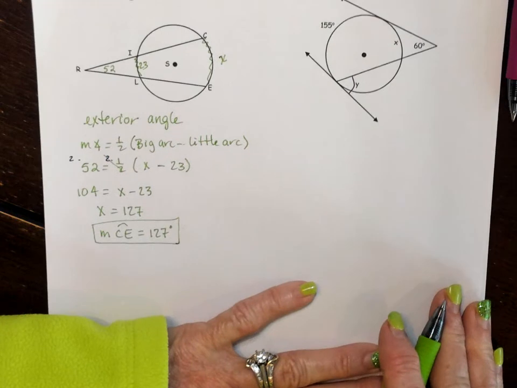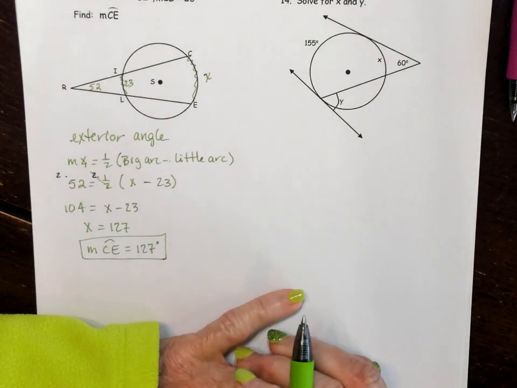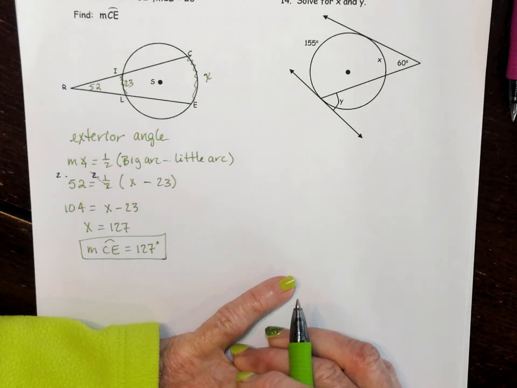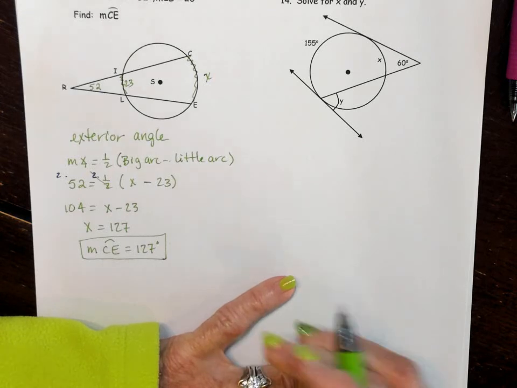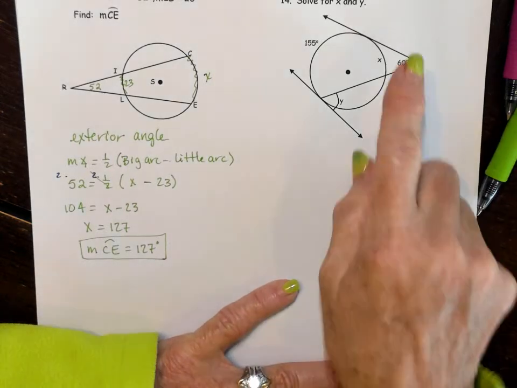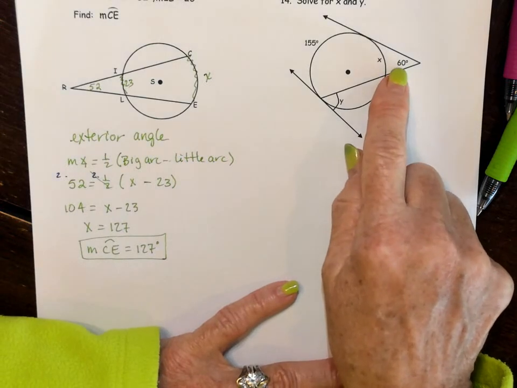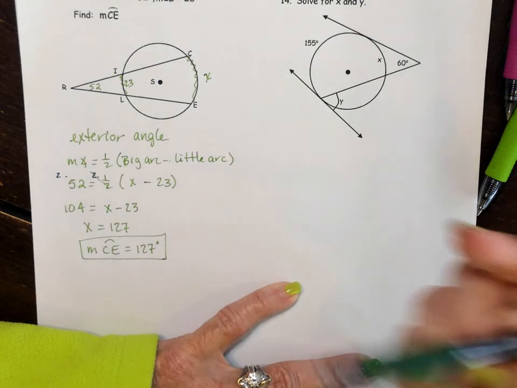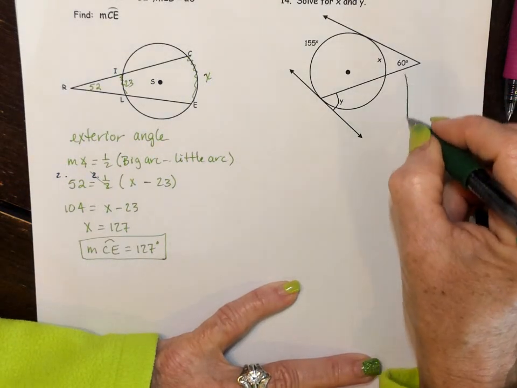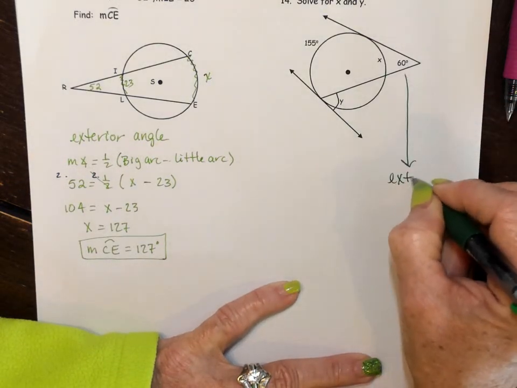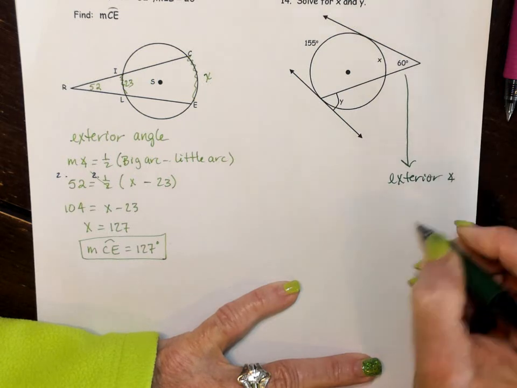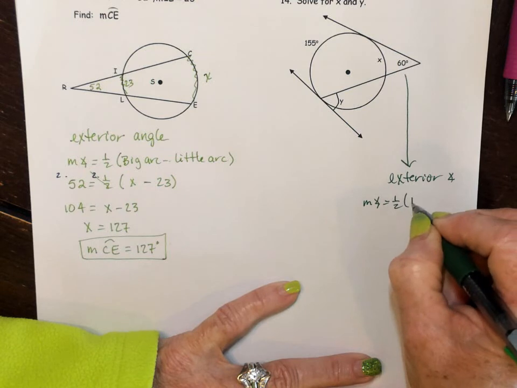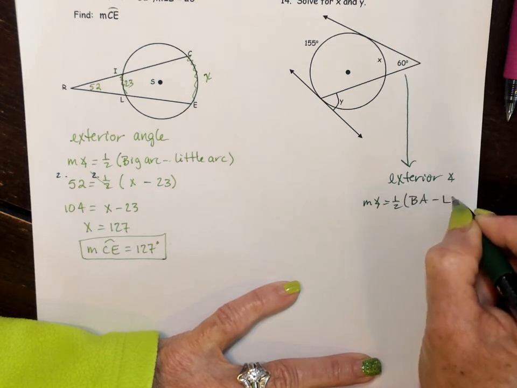Okay. This guy over here, let's see what we can figure out. Well, let's start up here with this exterior angle. Which means the measure of the angle is 1/2 of the big arc minus the little arc.